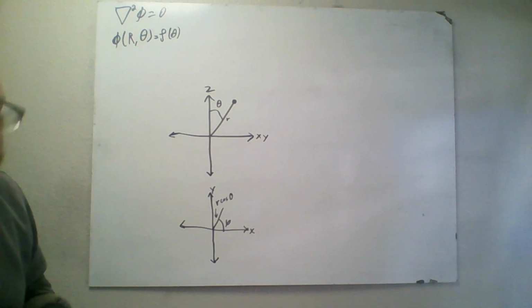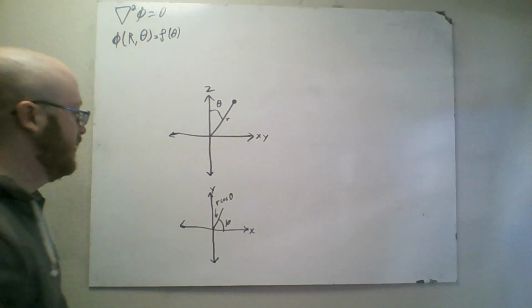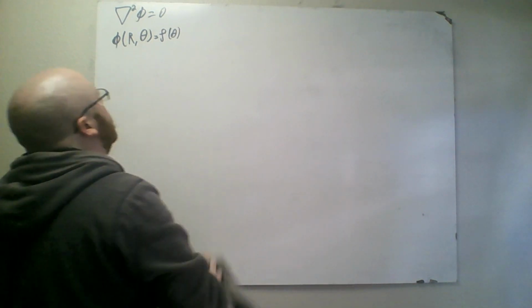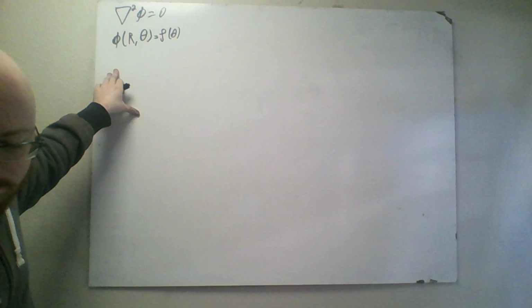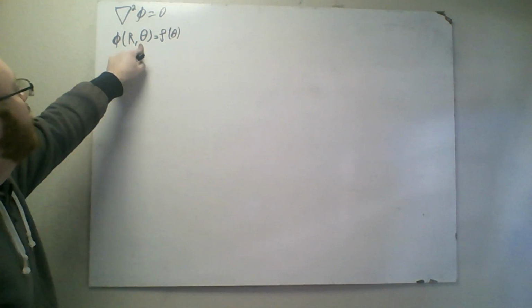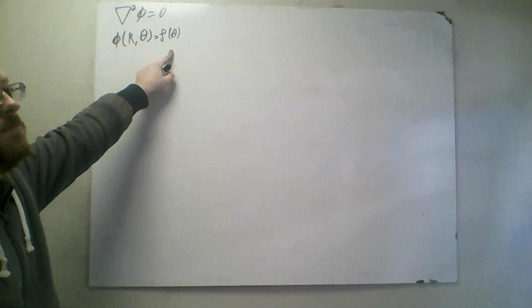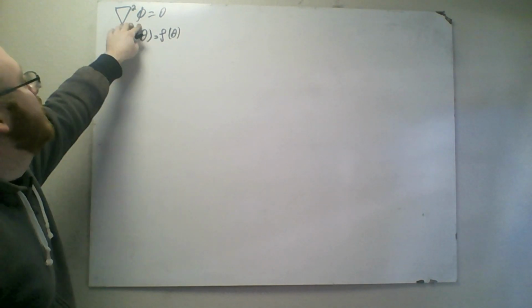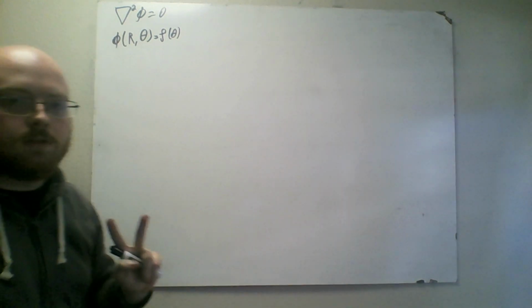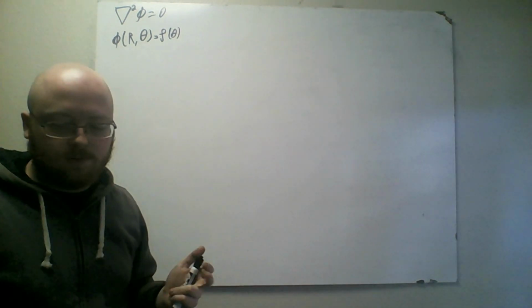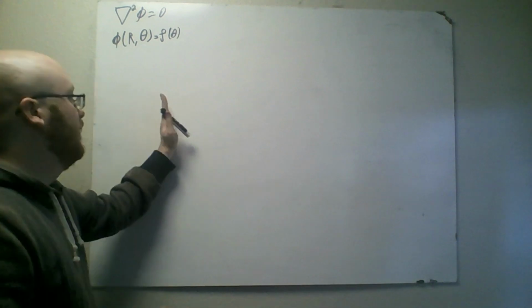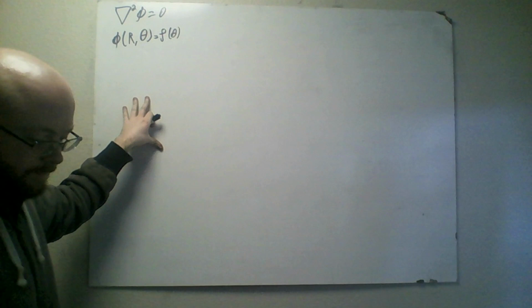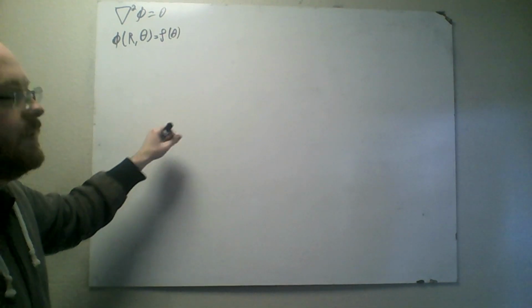Really the only thing we need to know though is the Laplacian in spherical coordinates to get through it. The other thing to note is that given this boundary condition, there's no phi dependence. There may be radial dependence, but there's no phi dependence, which means our solution will only have azimuthal dependence, like the angle from the z-axis and the distance away.